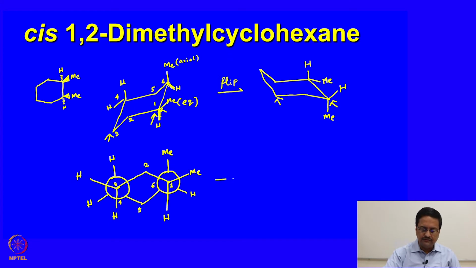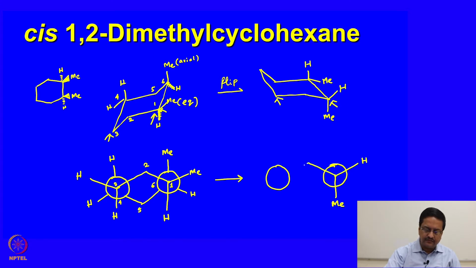On flipping, what do we get? On the front carbon, the methyl is down, the hydrogen is up, and it connects to the other carbon like that.